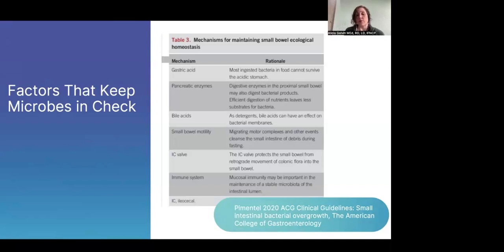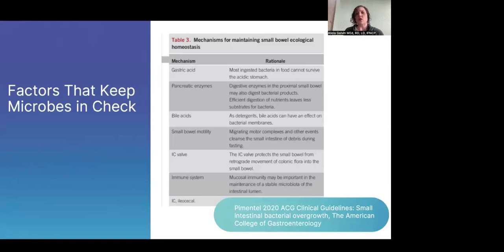We have small bowel motility, so that migrating motor complex that I was mentioning, which works as that cleansing, sweeping mechanism in between our meals that allows us to pass through any bacterial or digestive debris. We have our ileocecal valve, which is between the colon and the small intestine and prevents that backflow. And of course, our immune system, as we've talked about.